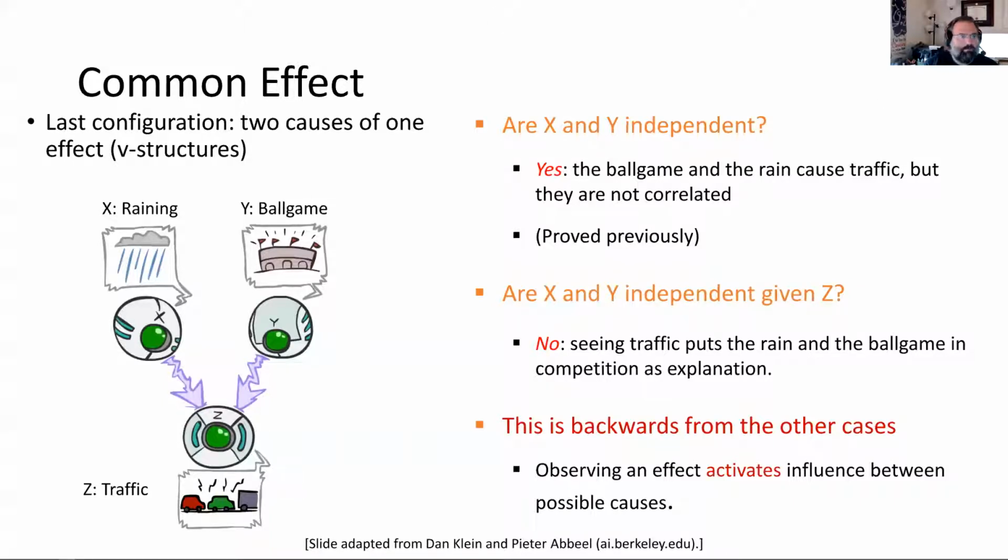And then moving on to common effect, we look at the last configuration, two causes of one effect. So this is kind of that V structure we've been talking about all along. Are X and Y independent? Maybe, but this is saying yes in the case that the ball game and the rain cause traffic, but they are not correlated. So you may want to think these things through.